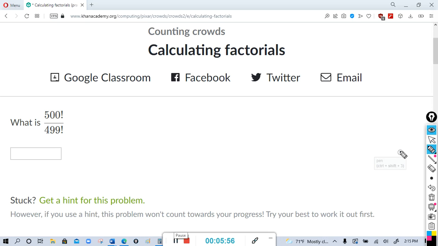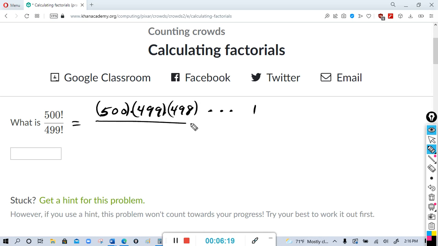Here they are asking what is 500 factorial over 499 factorial. 500 factorial is going to be 500 times 499 times 498, and it just keeps going until you get down to 1. 499 factorial is going to be 499 times 498, and it just keeps going until you get down to 1.